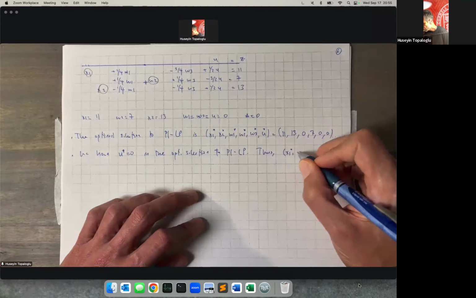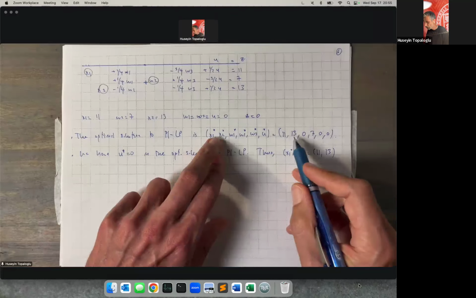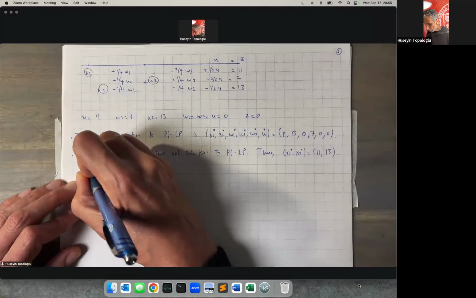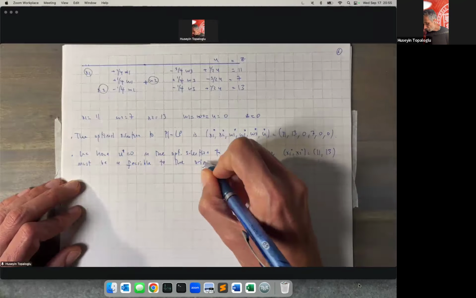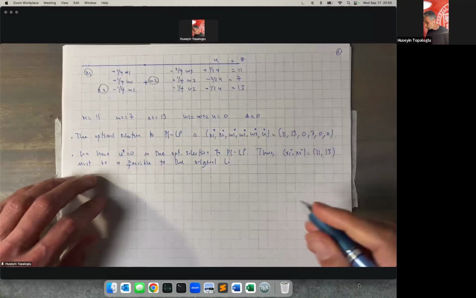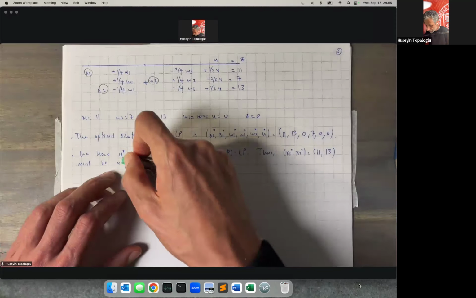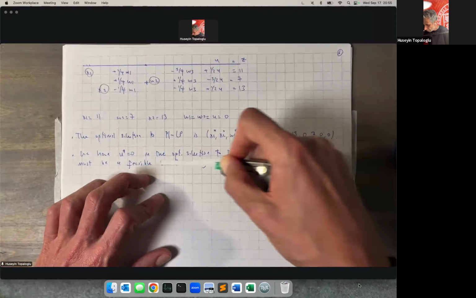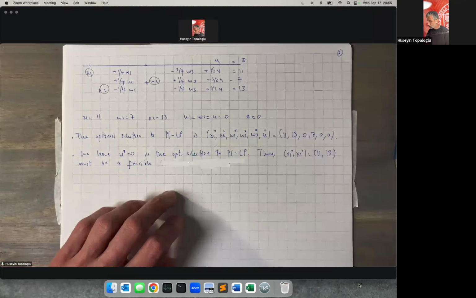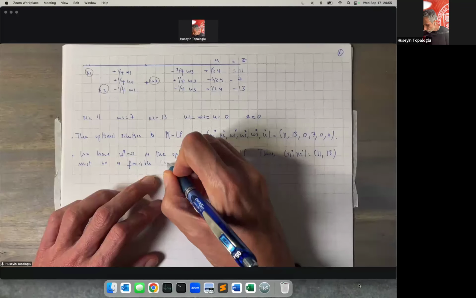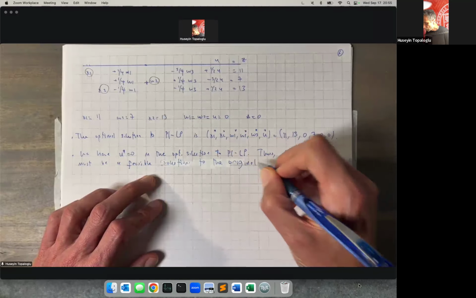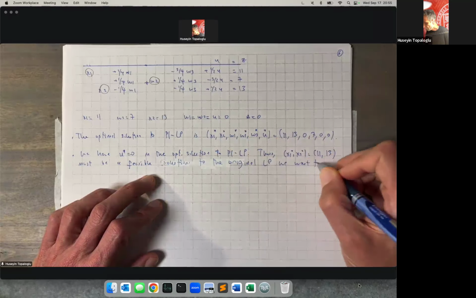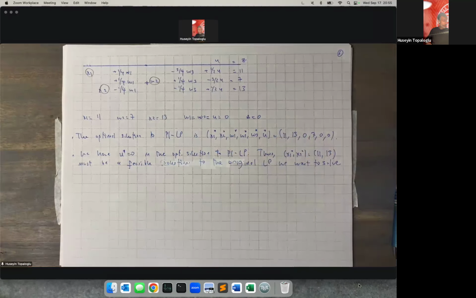Thus, the values of the x variables, x1 equals 11, x2 equals 13, must be a feasible solution to the original linear program we want to solve. Let's check that is indeed the case.